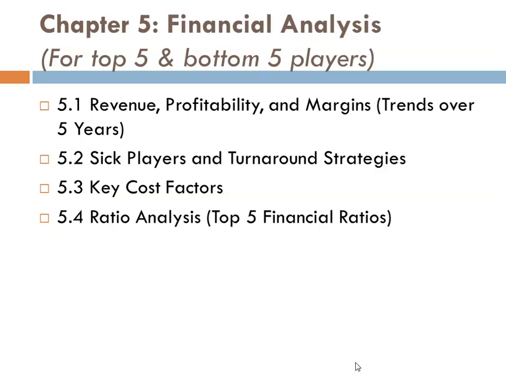So depending on the data, you can choose the ratio analysis. You can include five ratios, or you can skip one or two. So here focus on financial trends, major cost factors, and key performance indicators for the industry.